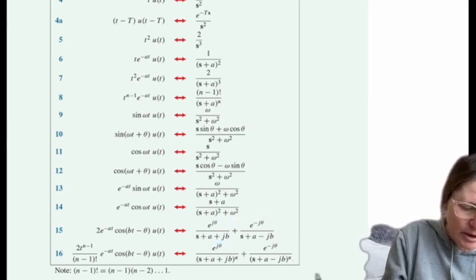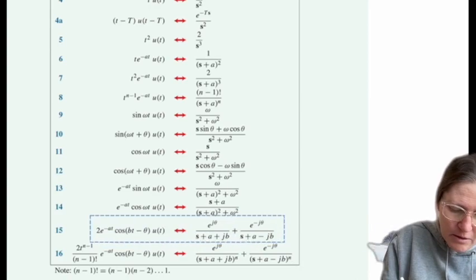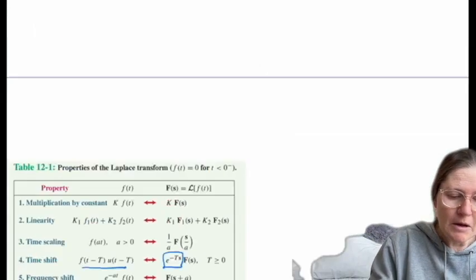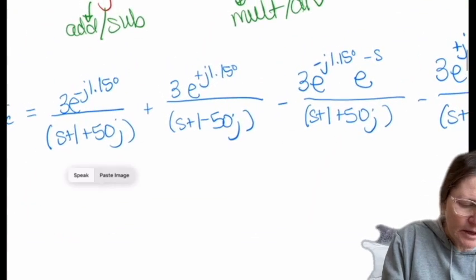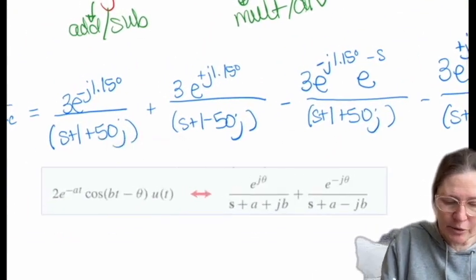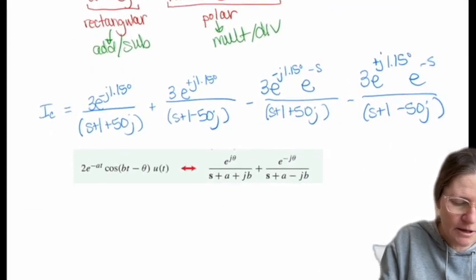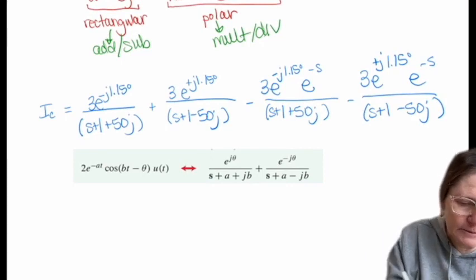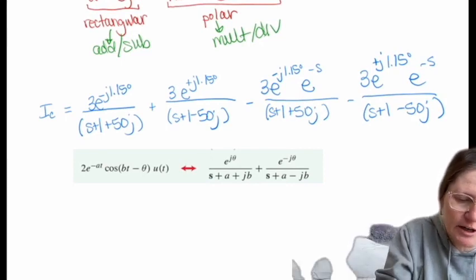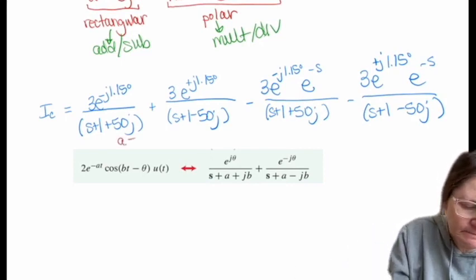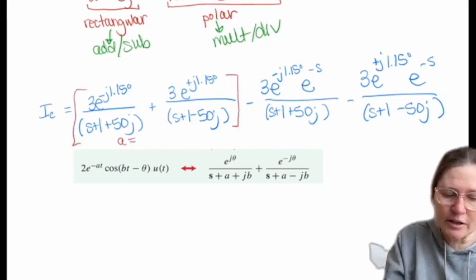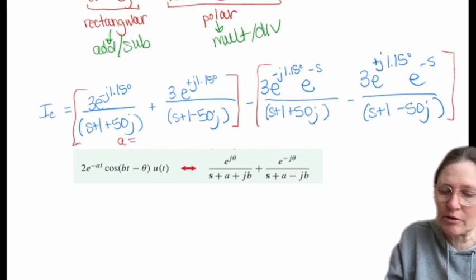So I'm going to grab this one. And now we need to determine from this what is A and B. And so looking at this, what is your A value going to be? So we're going to do these two first, and then we're going to take this one and do these two next.